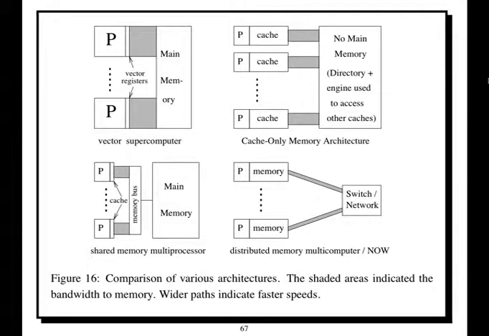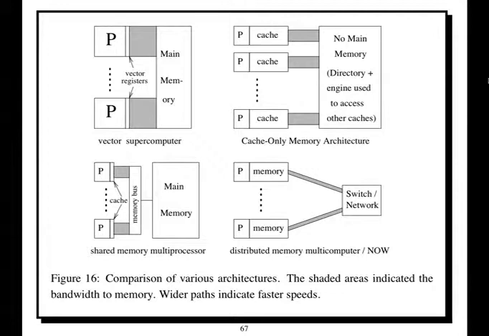They were characterized by having huge bandwidth to memory, very expensive. On the other hand, with, say, a network of workstations, you've got relatively slow, narrower bandwidths to a switch connecting to the other processors. So the width is meant to be the bandwidth, and the distance maybe is the latency. These are very low latency. These are fairly high latency.